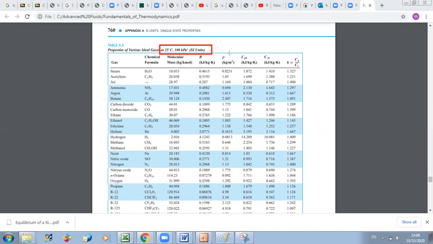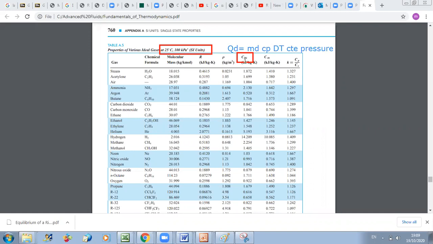We have already seen the importance of specific heat at constant pressure. If you remember, if we have exchange of heat at constant pressure, the heat rate Q dot is equal to m dot times Cp times delta T. So in a problem, if they don't give you the specific heat, you can go to these tables to search for its value.